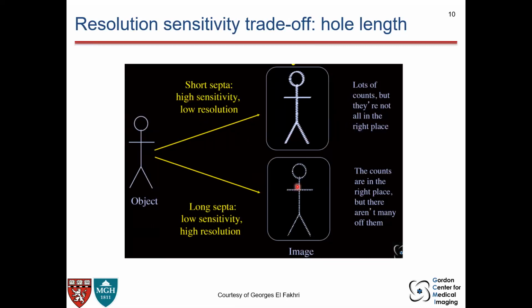So if you have a short collimator hole, your resolution is going to be worse, but sensitivity is going to be larger, and vice versa.